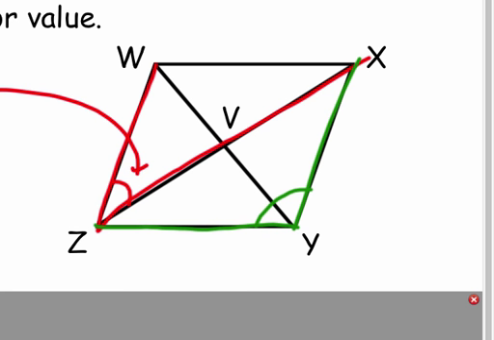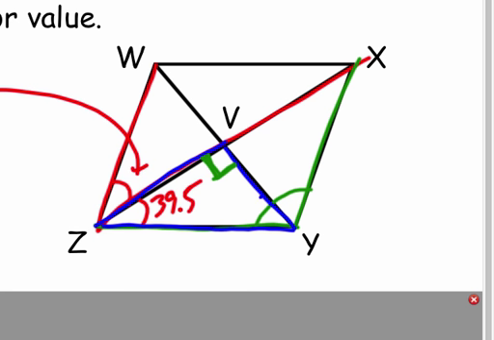If WZX is 39.5, I know that the diagonal bisects, so I know that this is also 39.5. Well, let's just deal with this triangle right here for a second. We just talked about that. This is a 90-degree angle, isn't it? So far I know that I have 39.5 and 90 degrees. I know that triangles add up to 180.